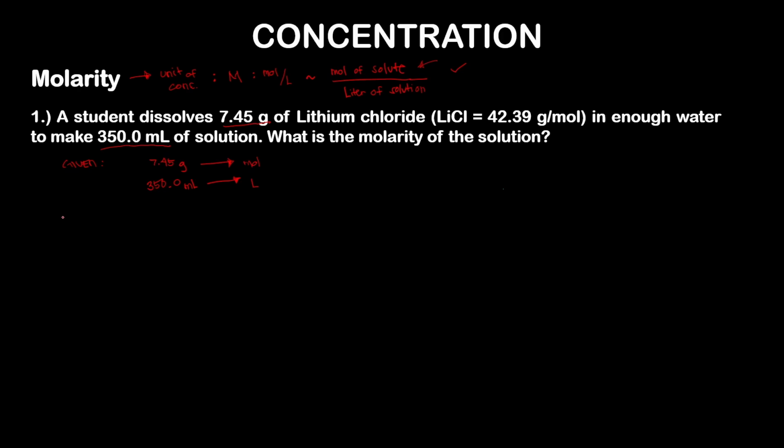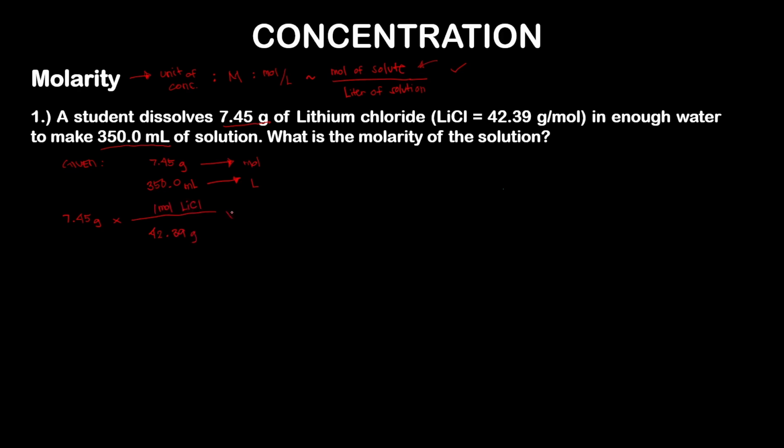Okay, let's do dimensional analysis. Well, in this type of problem, I always start with the given mass, because we were asked what is the final concentration. Okay, 7.45 grams. What is the molar mass of lithium chloride? 42.39 grams in 1 mole of lithium chloride.